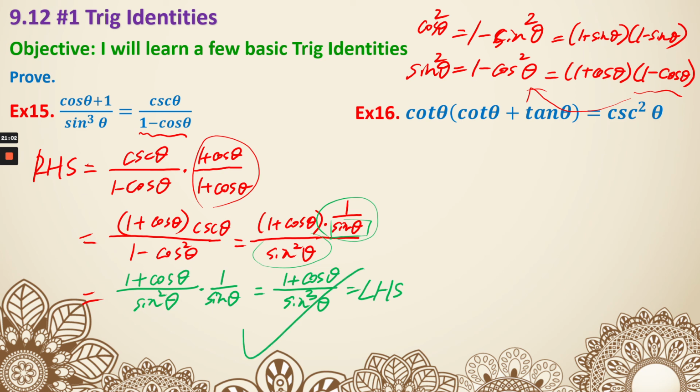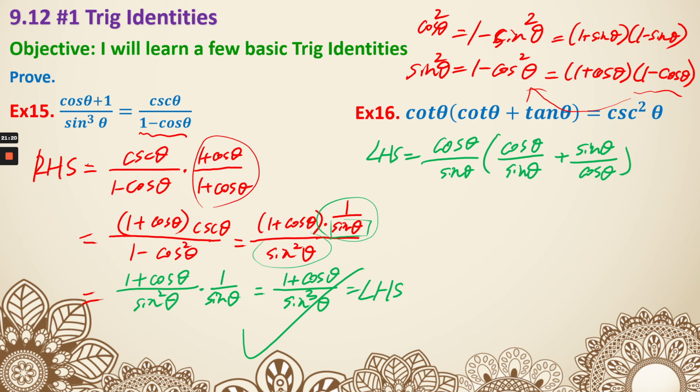Last one, number 16. Cotangent is cosine theta over sine theta. Inside the parentheses, I have cosine theta over sine theta plus sine theta over cosine theta. And that's the left-hand side. I'm just going to move forward with that. So I have cosine theta, sine theta.